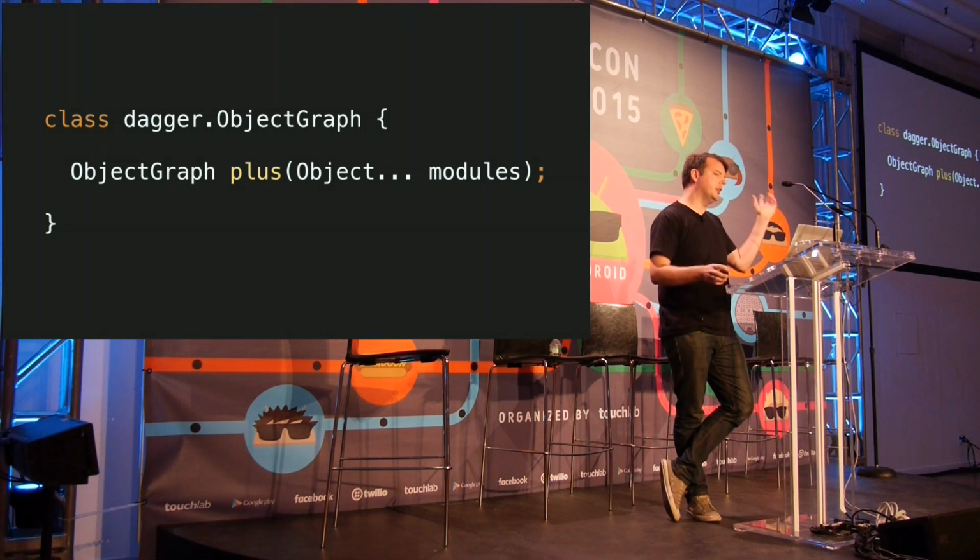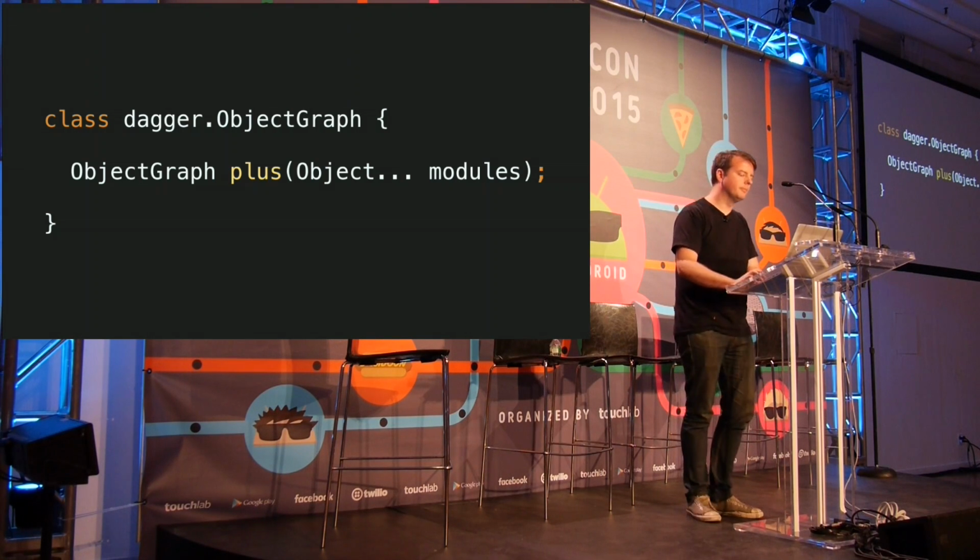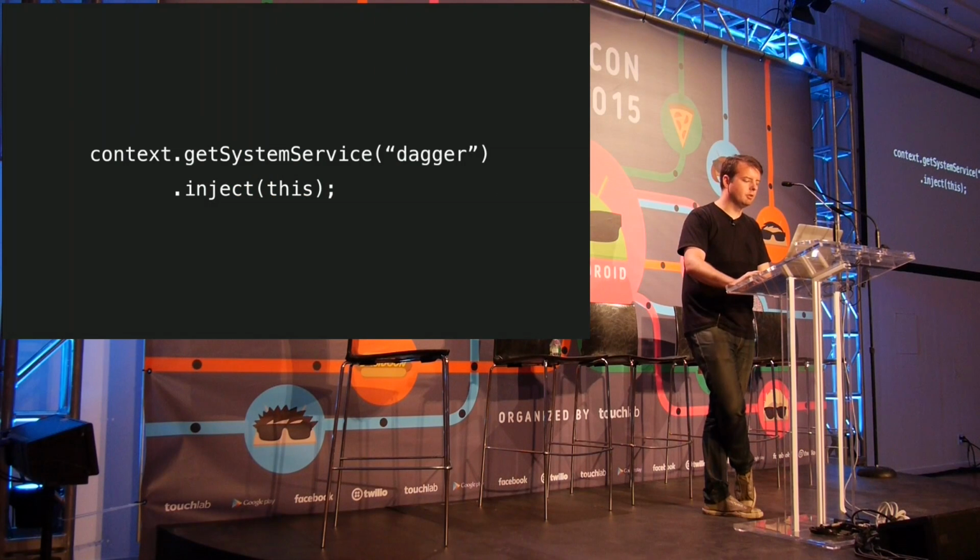I could have another module that has my database in it, and I can wrap the bagel module around the database. And if I ask the resulting object graph for the bagel or the database, I can get them, right? So it composes the same way the context does. So now we can essentially just make Dagger our system service, and we can get whatever we want out of it. And we avoid the soup in the application. We've moved it to Dagger, where we can manage it more easily.